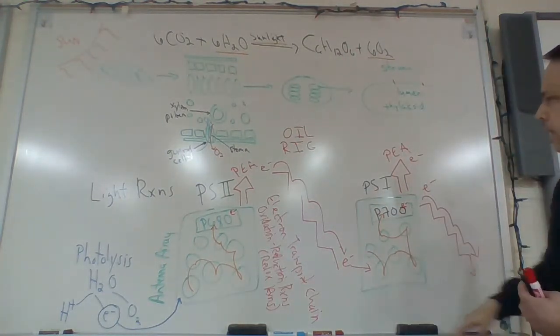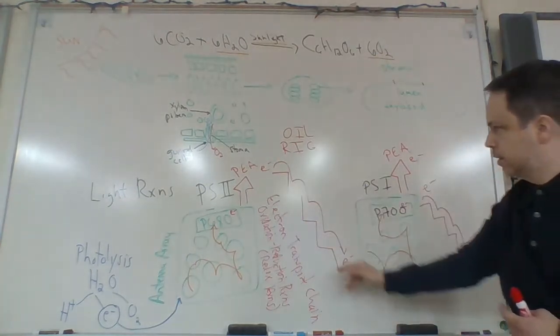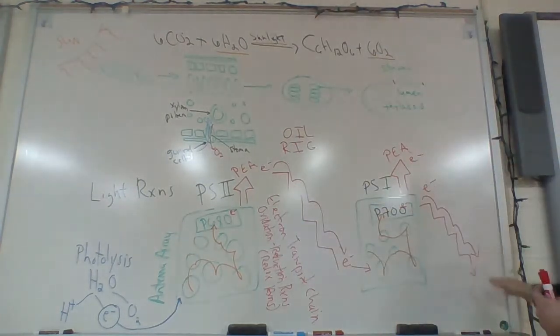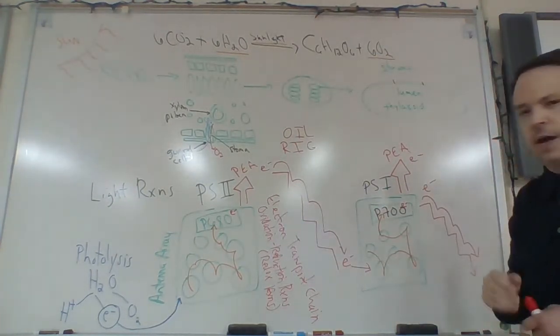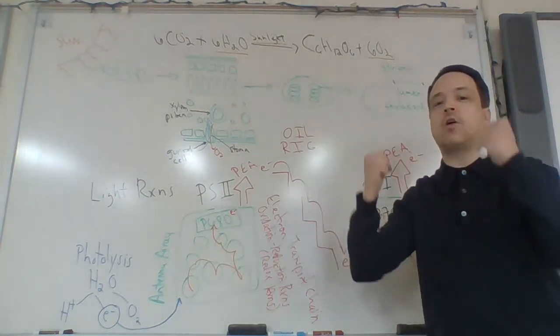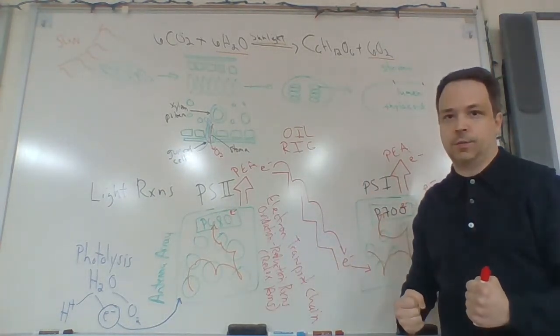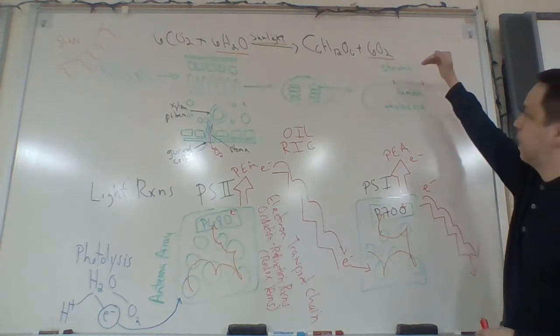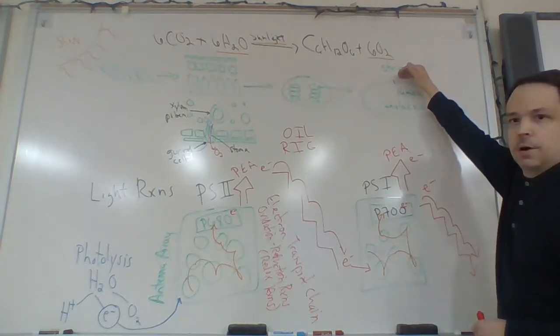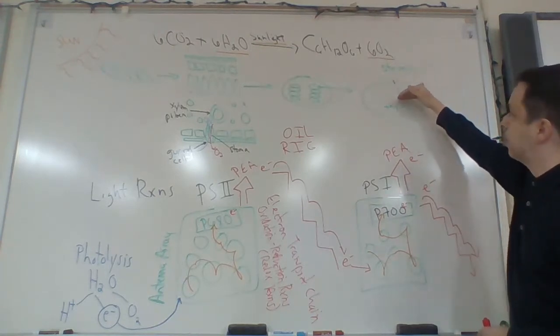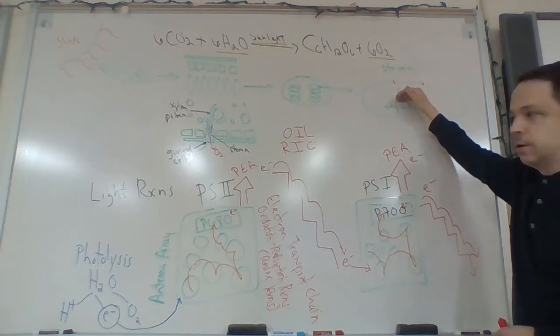So the energy that's given off through these electron transport chains is actually going to end up pulling down hydrogen ions from the stroma into the lumen of the thylakoid.